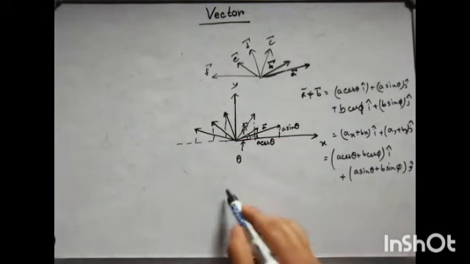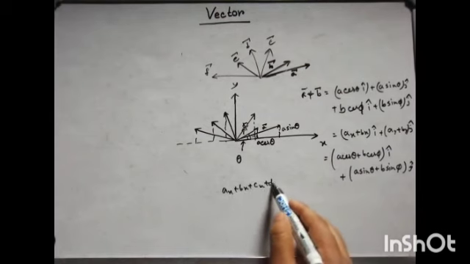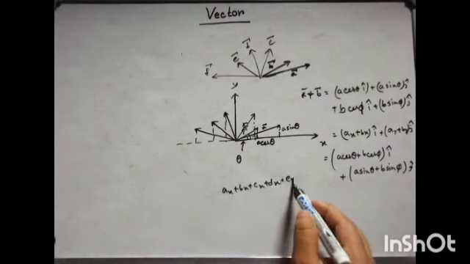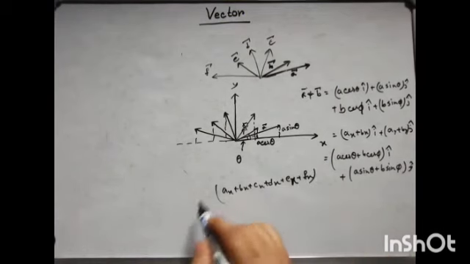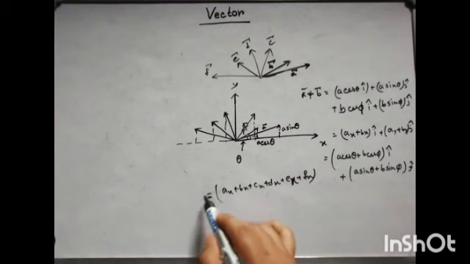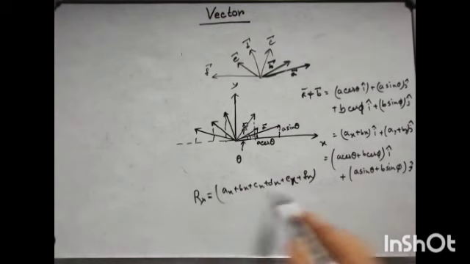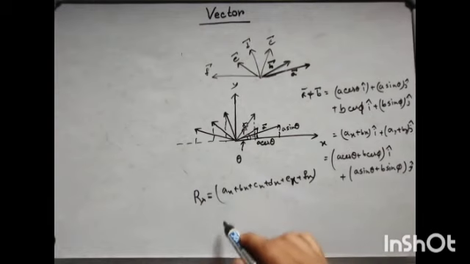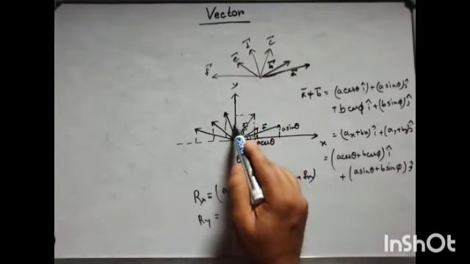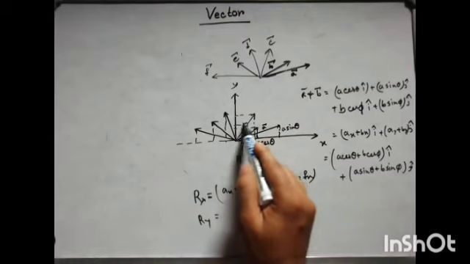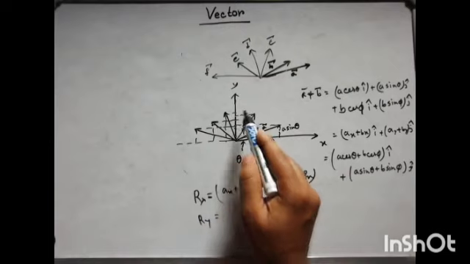Okay, suppose ax plus bx plus cx plus dx plus ex plus fx, all these components you can find, and this will be, suppose say rx. Similarly you can find y component of every vector.